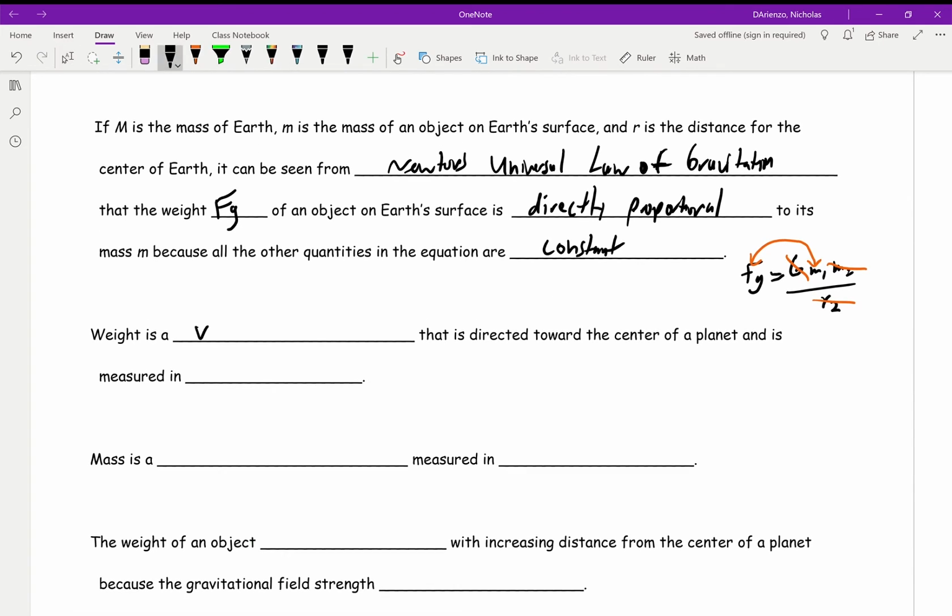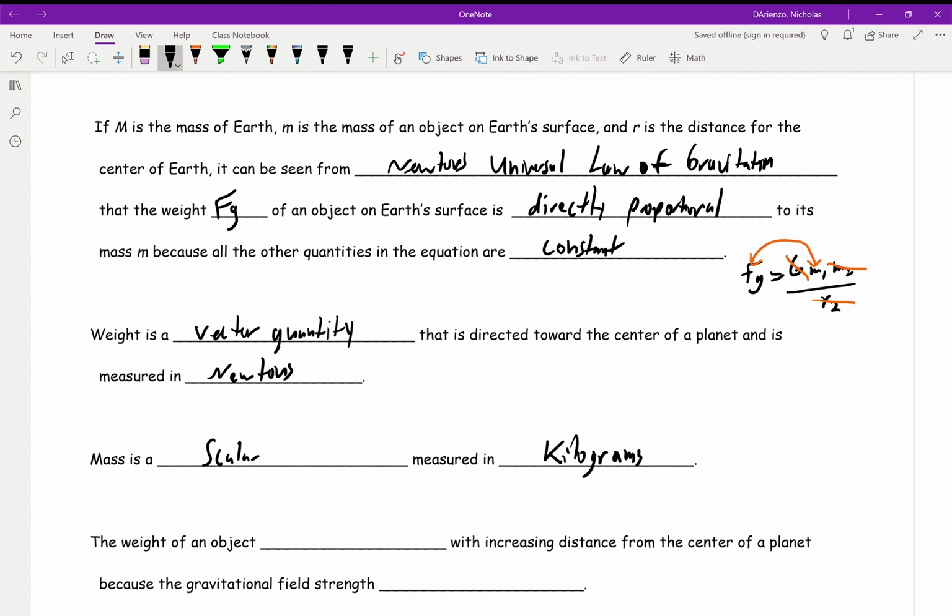Weight is a vector quantity. It is a force and has direction, and it's directed toward the center of a planet. And like all other forces, we measure them in newtons. Mass, on the other hand, is a scalar quantity, which is measured in kilograms.